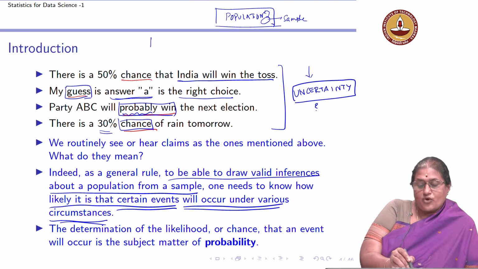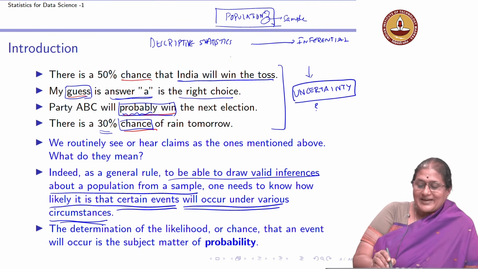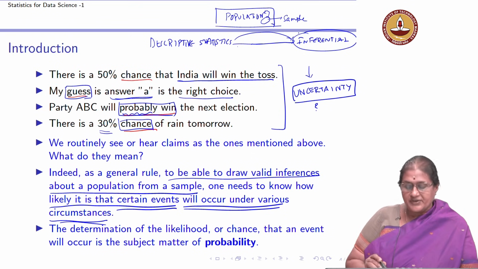So, if I want to move from my descriptive statistics, which we learned in our first module, to inferential statistics, which you will be learning in your second course, I need certain tools to capture the uncertainty that would manifest here.